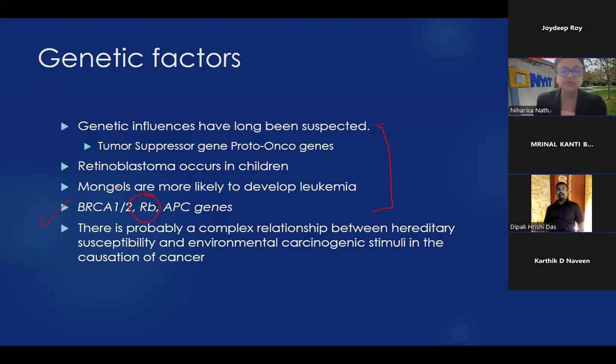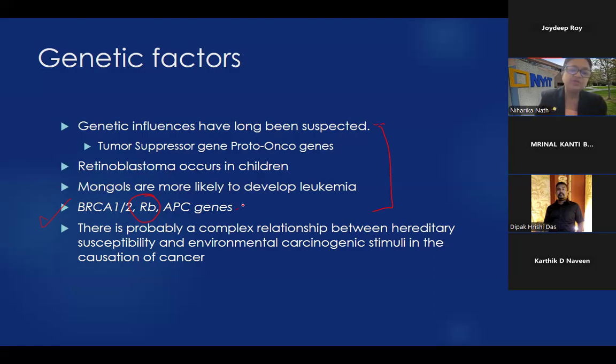A child who is born with retinoblastoma has cancer of the eyes. The child has to undergo surgery to take out the eyes, or these days, the surgery is so good that you don't have to take out the eyes, but it is massive surgery to remove the tumor.